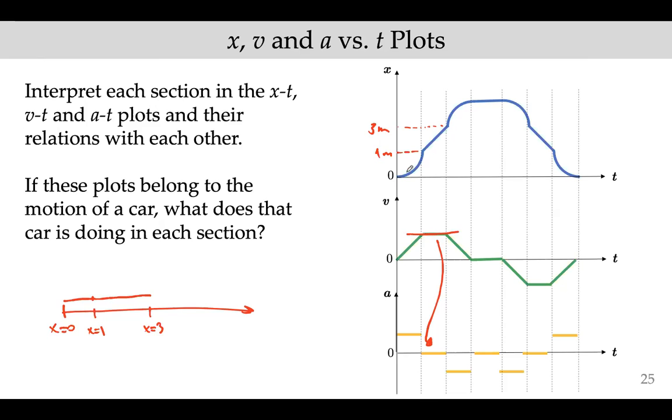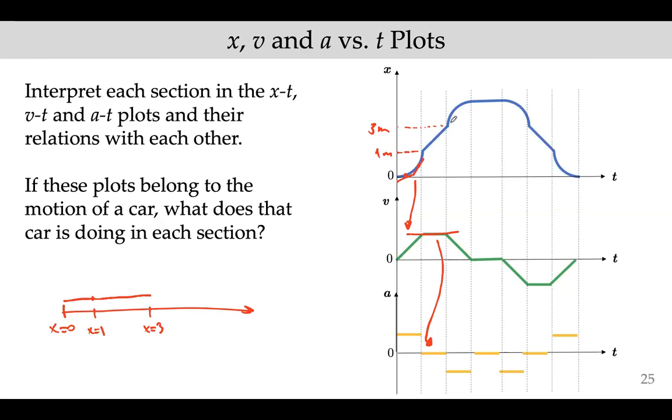And you can also look at the slope here in the xt graph. Look at the slope at this point. It's like this. Look at the slope at this point. It's like this. Now the slope is increasing, right? And what does the slope in the xt graph give you? It gives you the velocity. The slope is increasing, so the velocity is increasing.